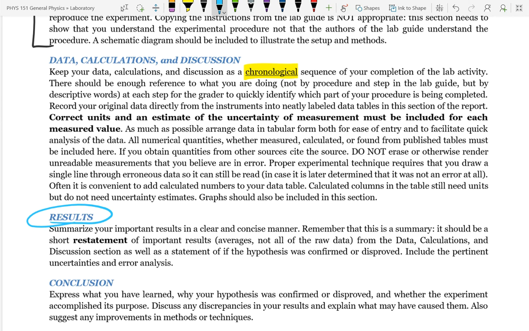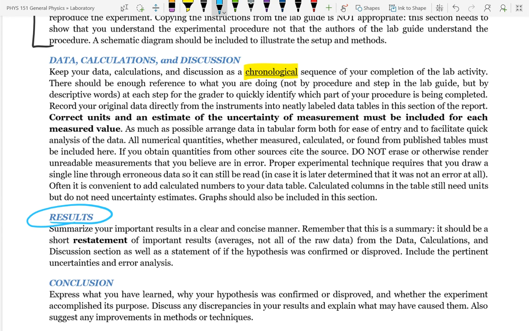After you're done with the experiment, we have the results section. Results are the important outcomes. For the first experiment, I tell you exactly what the results are. Usually, I'm going to leave you to do some thinking about what was an important result. Each individual data point that you measured, that's not your important result. The average for the diameter of the ball is what you're measuring, that's an important result.